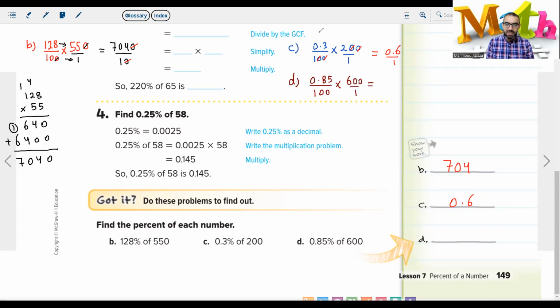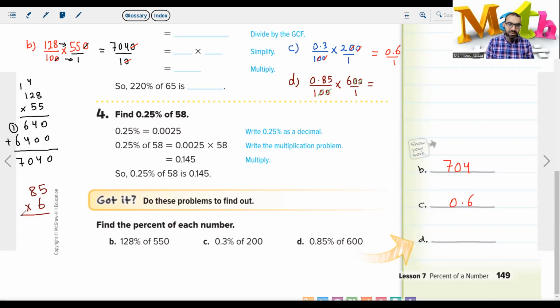We can cancel 2 zeros up with 2 zeros down. And this should give 6 multiplied by 0.85. We can do this multiplication, 6 multiplied by 85.